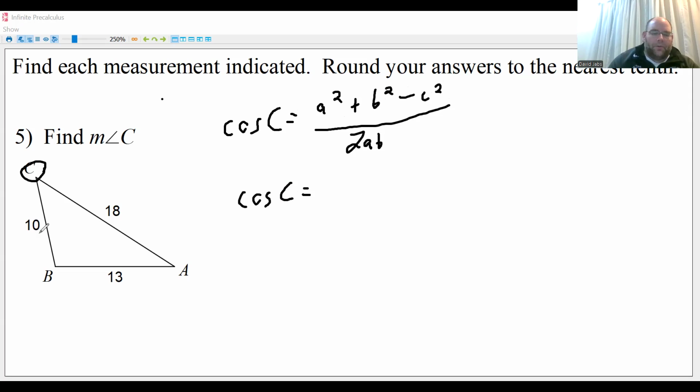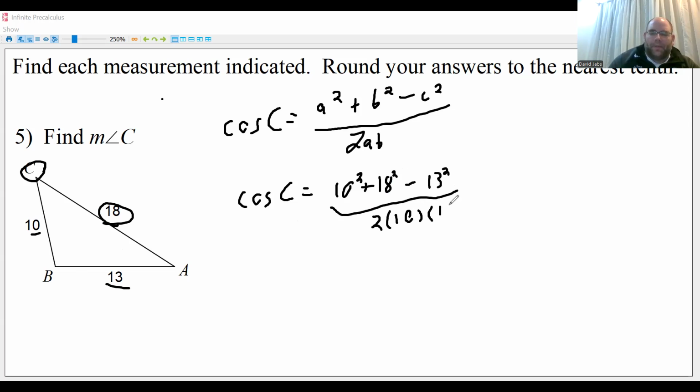Equals our A value we know is 10 because it's across from big A. So we're going to do 10 squared plus our B value we know is 18 here, because it's across from big B, so we got 18 squared minus our C value we know is 13. So we got 13 squared all over 2 times our A value, 10, and our B value, 18.